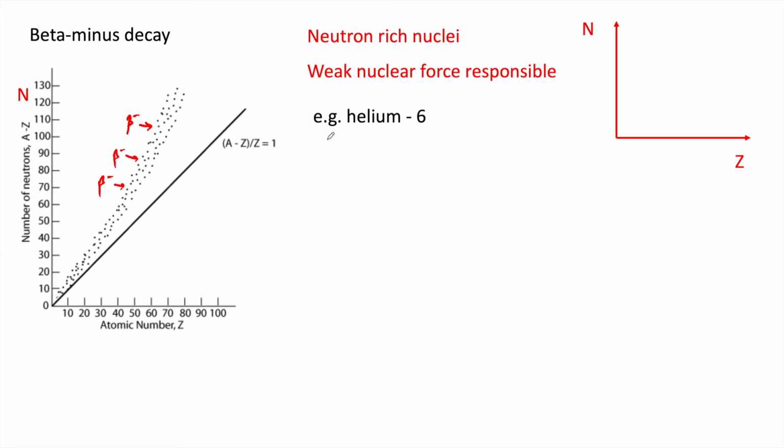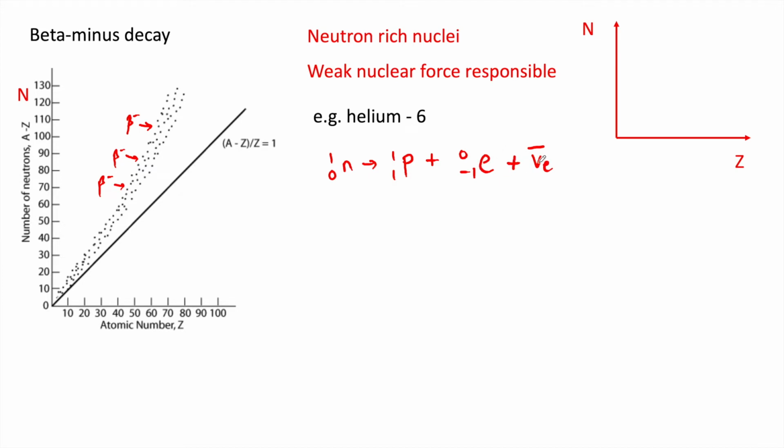And so how they do this, it's caused by the weak force. So what happens is the weak force is responsible for a neutron changing into a proton plus an electron, and that is what is fired out at near the speed of light, and that is your beta radiation, plus an anti-lepton neutrino.